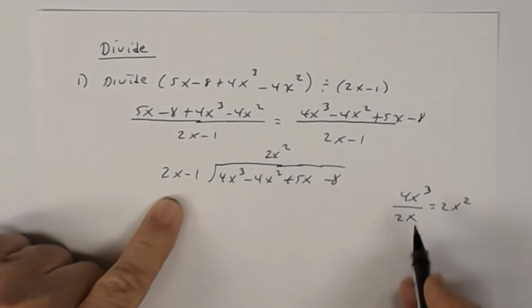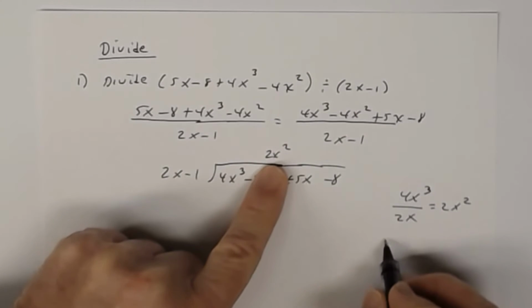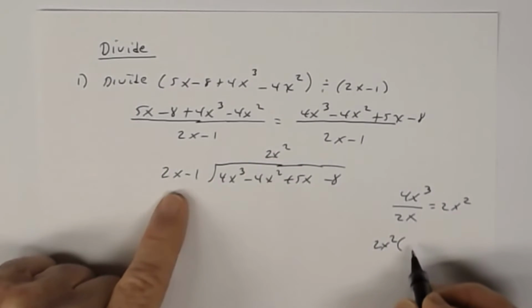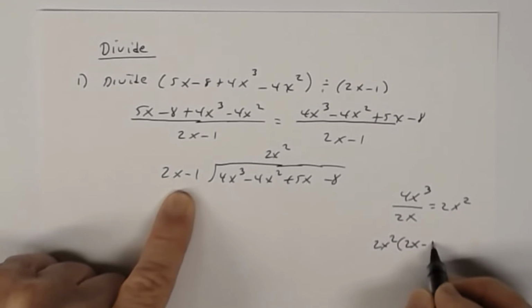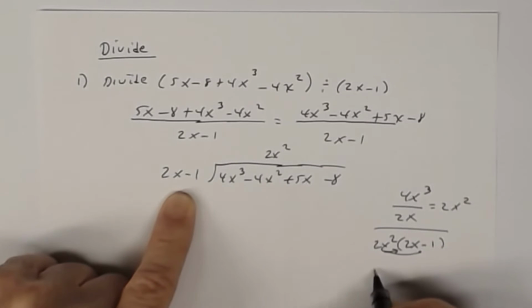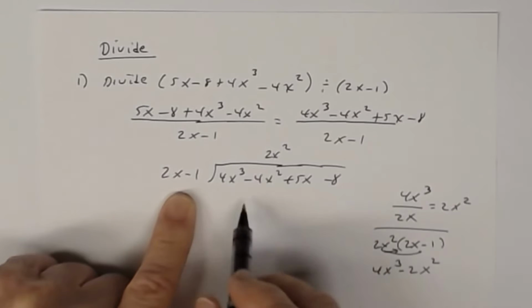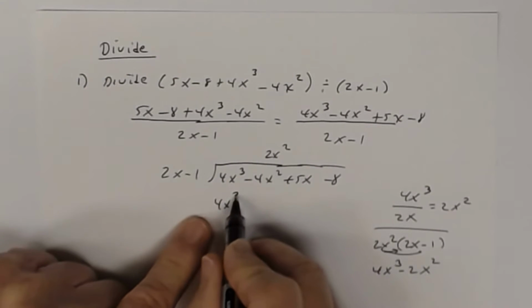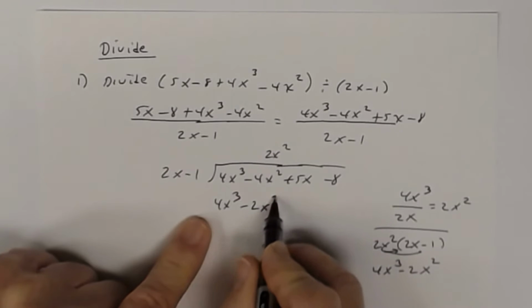You take 2x squared and multiply it by your divisor, so distribute. 2x squared times 2x is 4x cubed. 2x squared times a negative 1 is minus 2x squared. So that goes here. Make sure you align your like terms. So this becomes 4x cubed minus 2x squared.